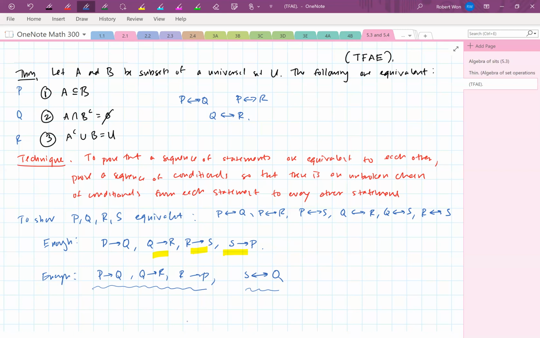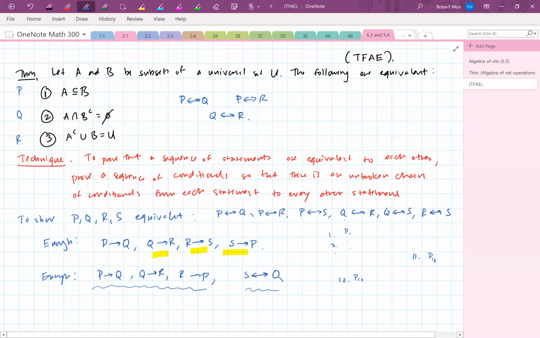So, right, if you have a list of 10 things and you want to add an 11th thing, you don't want to have to check that it's equivalent to all 10 things. If you know that the 10 things are equivalent, then you only show that it's equivalent to one of them. Or even that it's implied by one of them and it implies another one of them. What I'm trying to say is, here you had 10 things, P1 up through P10, and then you want to add an 11th thing, P11.